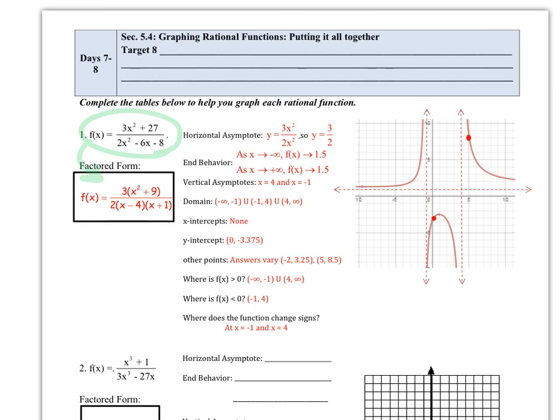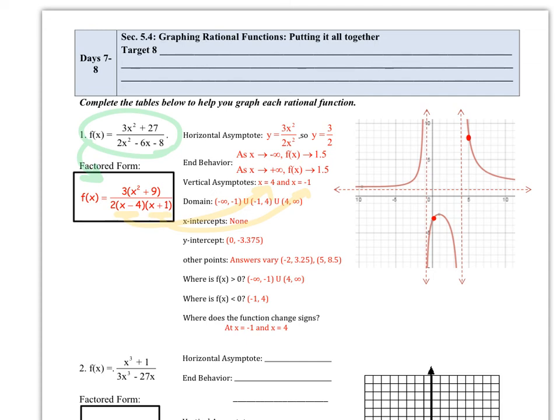The reason is that if the numerator and denominator have a common factor, that actually adds another characteristic to rational functions, which we aren't covering, and you'll see that in pre-calculus, but you just want to always get in that habit. It also sets you up to see your vertical asymptotes: x equals 4, x equals -1, right? So if it's factored, it's a lot easier to see those.